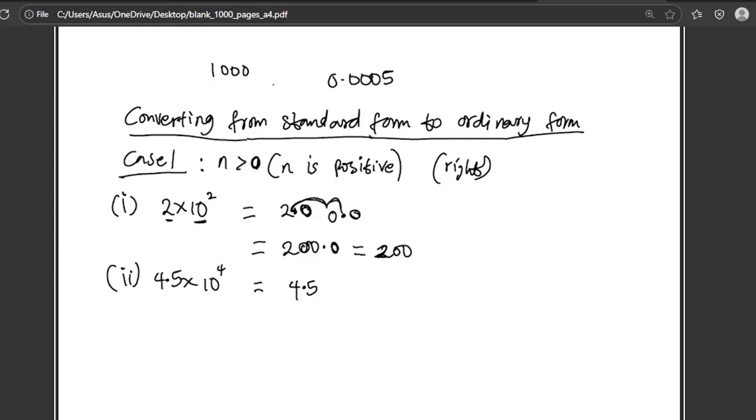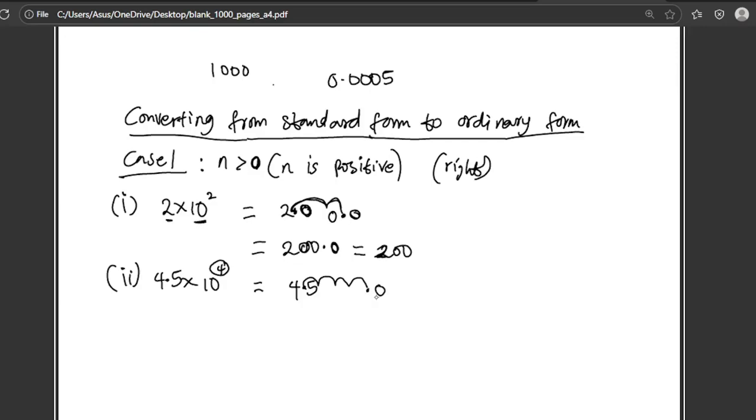We write 4.5. Now, we know since n is greater than 0, n is positive, we are always moving the decimal point to the right. What determines how many times I'm moving the decimal point? The power of 10. 10 has the power of 4 here, right? So I'm moving it 4 times. 1, 2, 3, 4. Here we stopped. The decimal point is here.